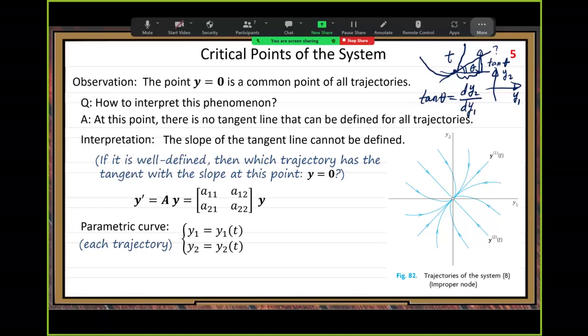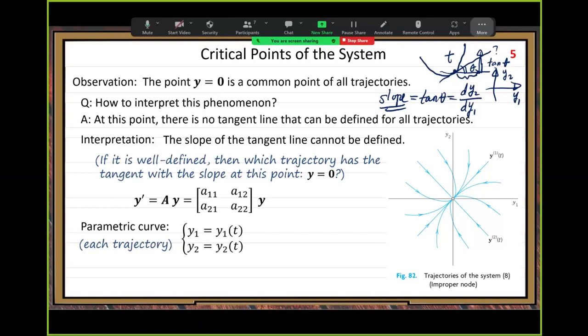That's the basic definition of the slope. It's generic, always true for any t, everywhere.